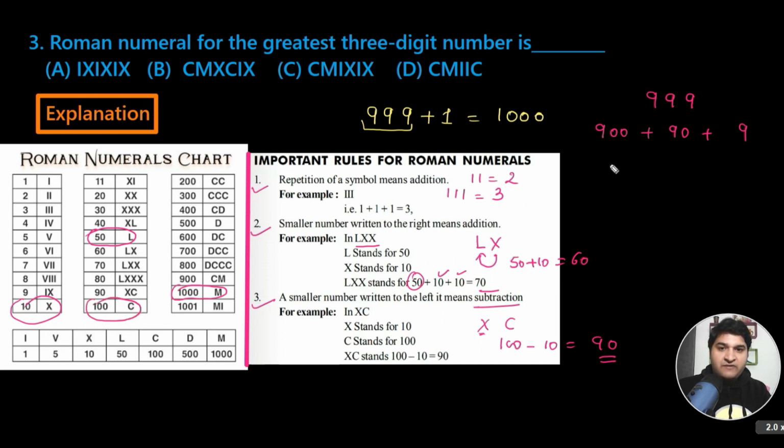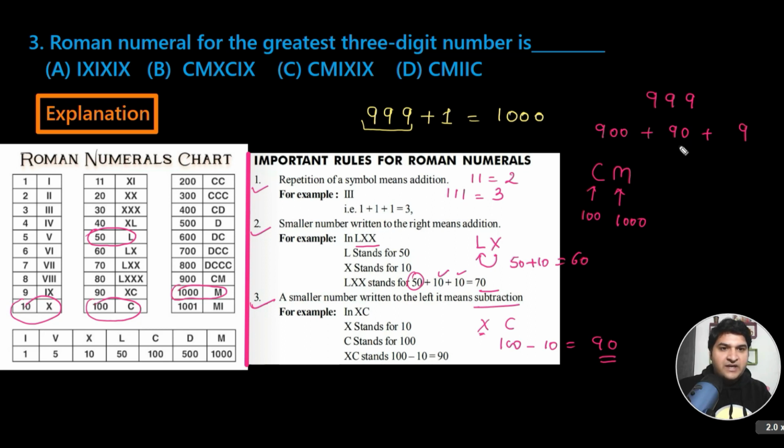So definitely if we have to follow the subtraction, then we have to keep the smaller numeral on the left hand side. So you write M first, and then you have to write C, because we are trying to subtract. This M is nothing but 1000 and this C is 100. So what we did, 1000 minus 100, you will get 900.